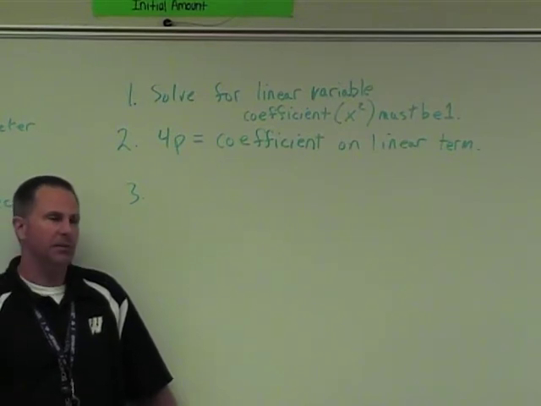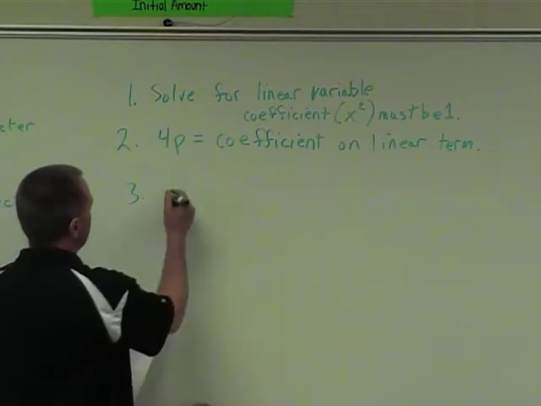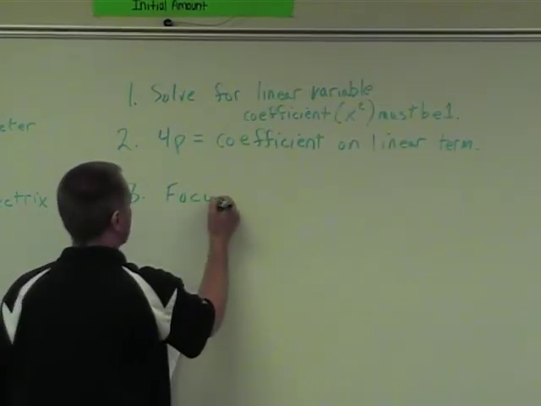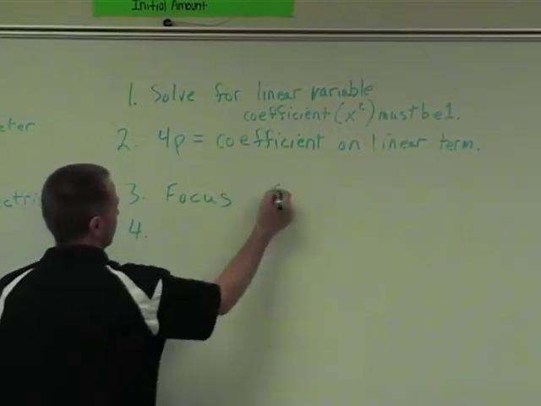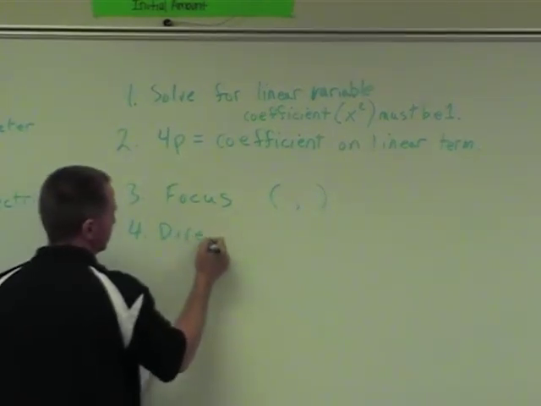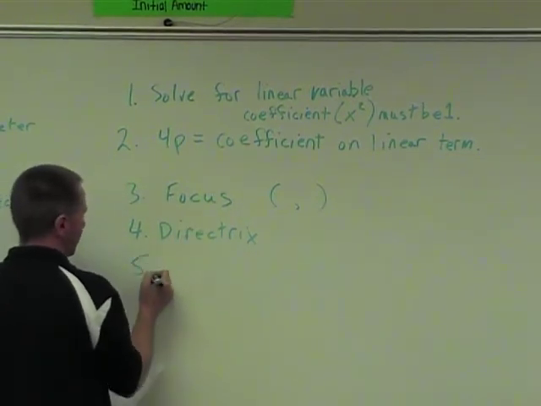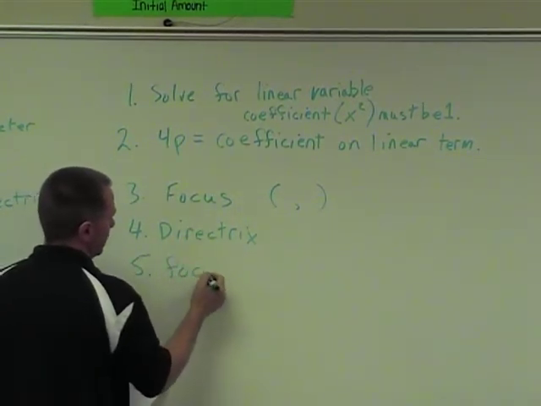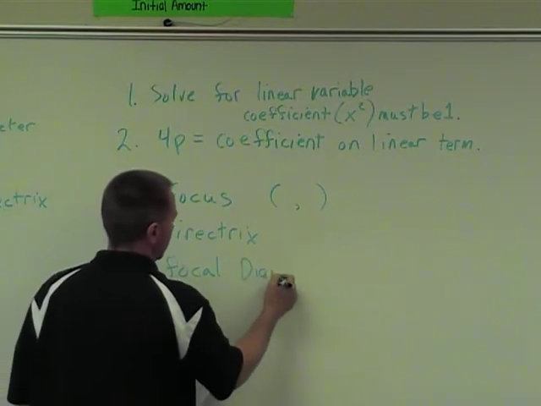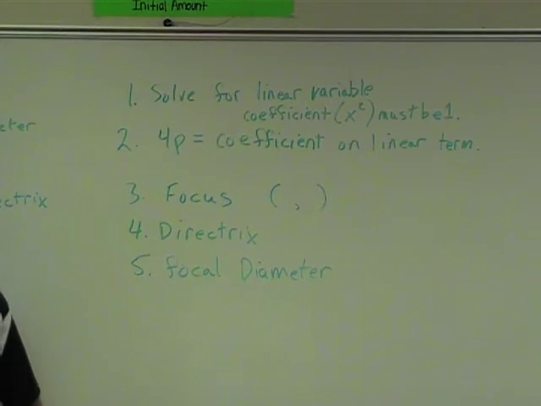Then solve for p. 3, you're going to find the focal or the focus, the coordinate. And 4, you find the directrix. And 5, the focal diameter, which is a number, making a distance. Diameter is a distance. But you can't do those last three things unless you do the first 2.